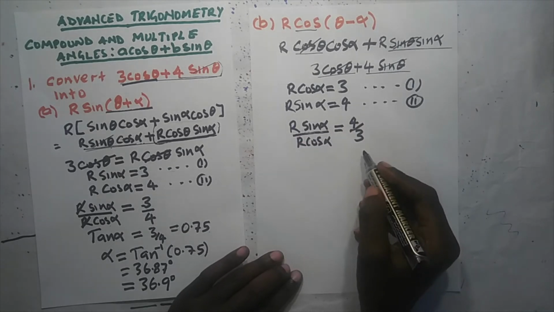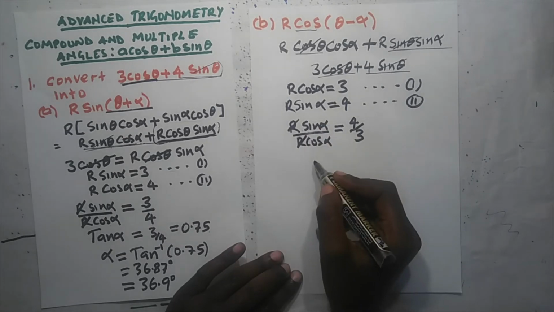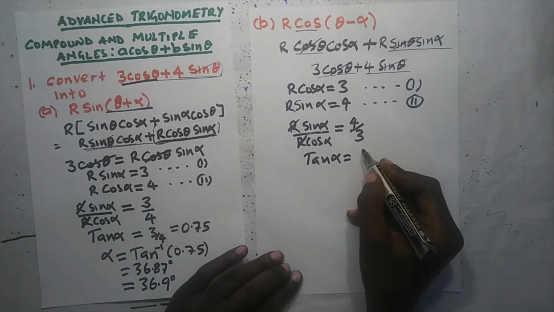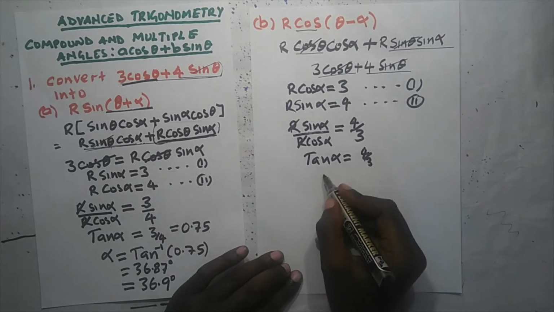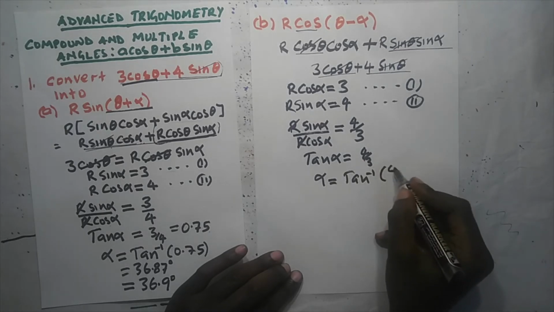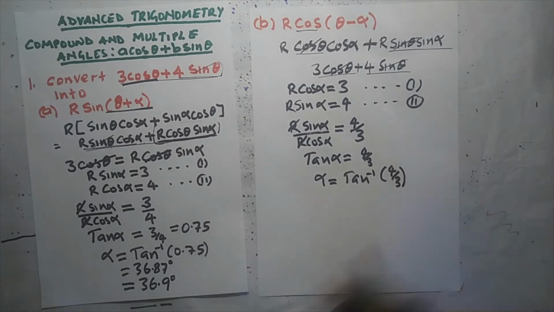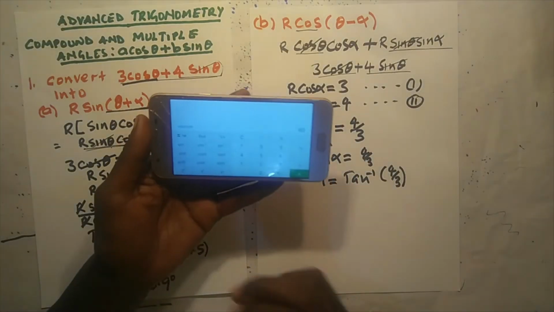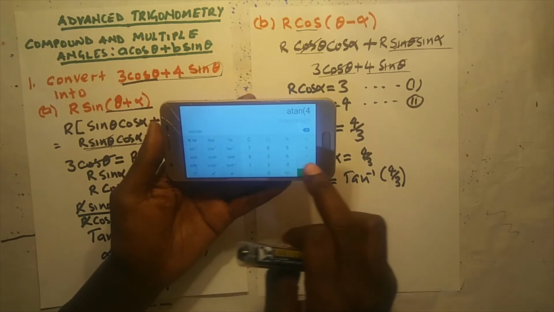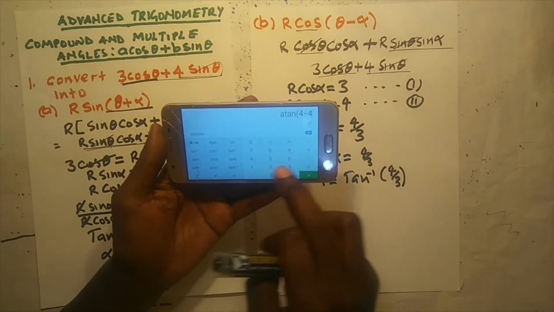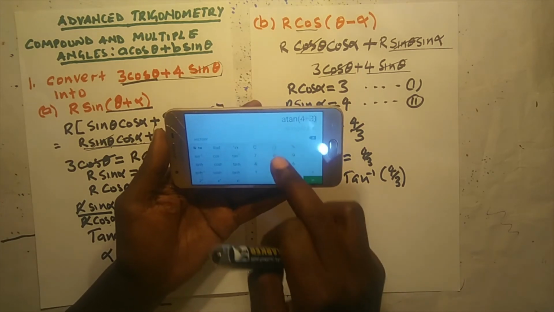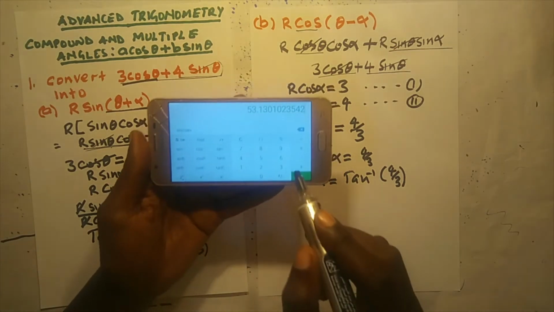So the R will cancel out in this case, and we are going to have tan alpha is equal to 4 over 3. And then we can find alpha here, tan inverse of 4 over 3. Okay, so we are going to find the inverse of tan here. So tan inverse of 4 divided by 3 will give us 53.1.